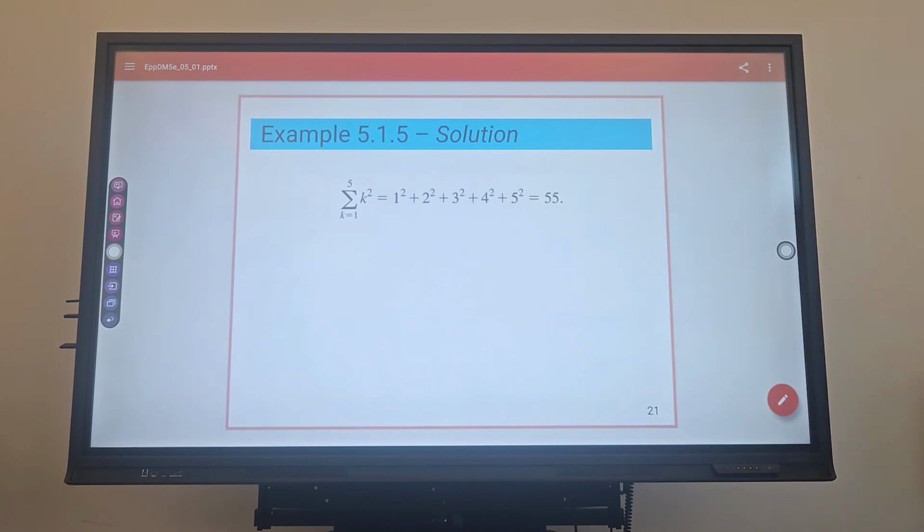No, 55, I'm sorry. I know it was a double number, I just forgot which one. It's just to expand it out and do the addition. Solve each term for each value of k, and then add those terms up together to get your final result.